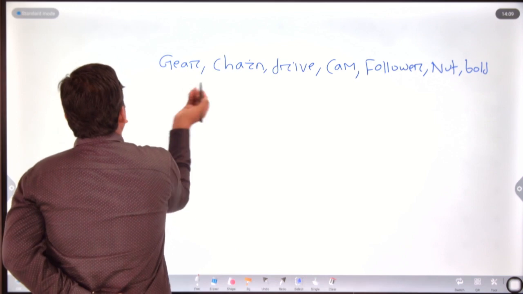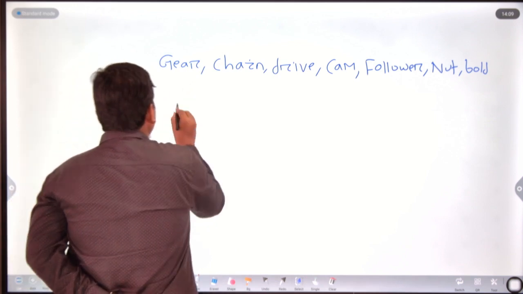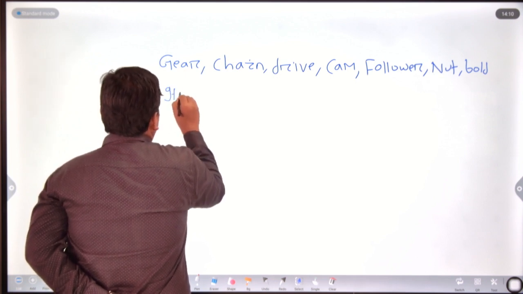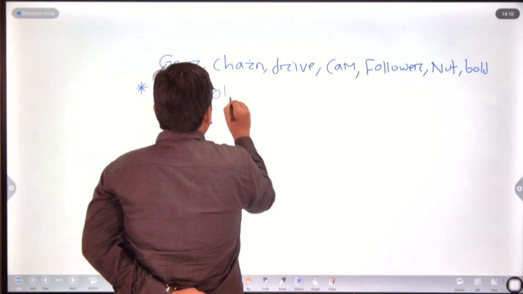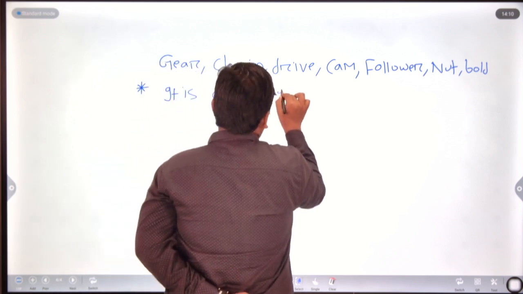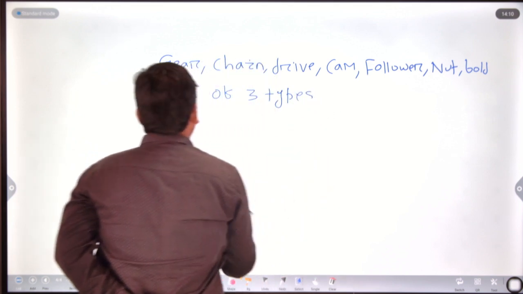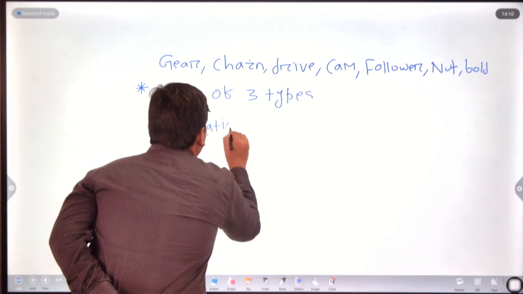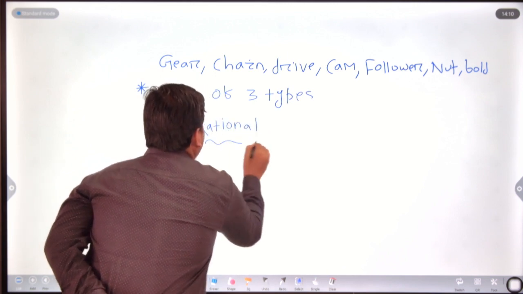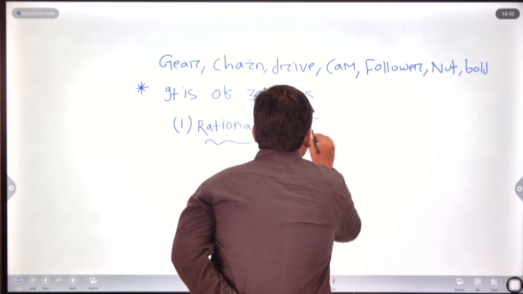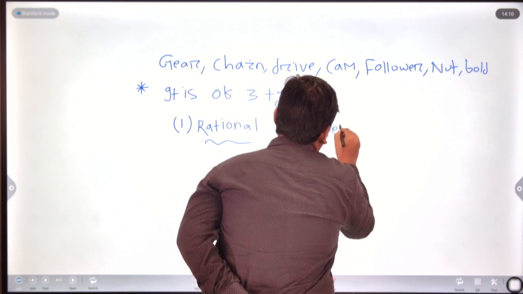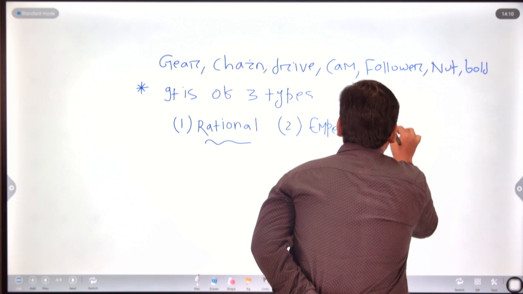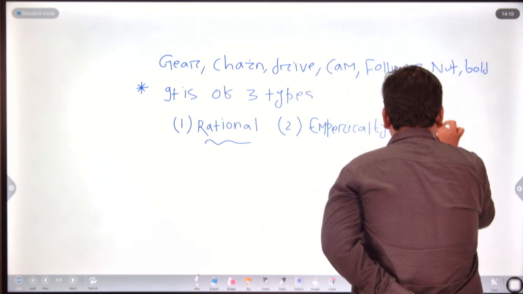Then, according to base method, it is of three types. What are they? First one is rational type. Second one is empirical type. Third one is industrial type.